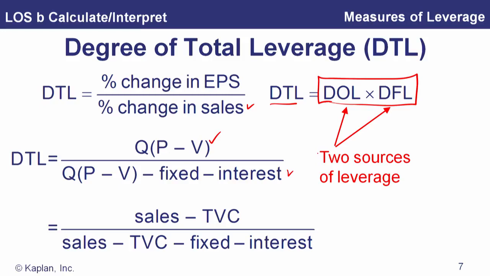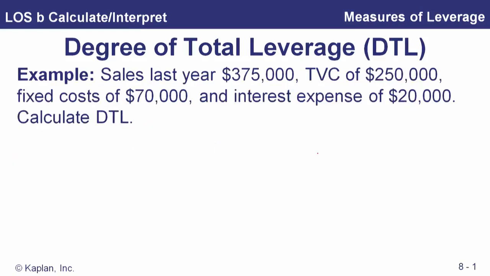So we've got sales minus total variable cost over sales minus total variable cost, and then minus our fixed costs in our cost structure and our fixed interest payments. As an example, consider last year's sales of $375,000, total variable costs of $250,000, fixed costs of $70,000, and interest expense of $20,000.